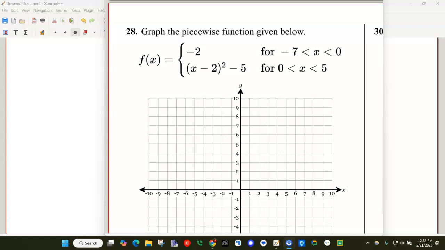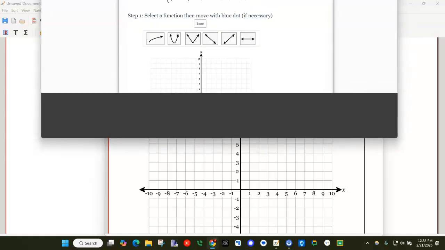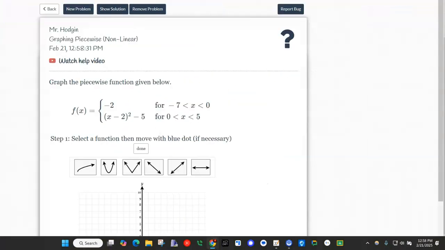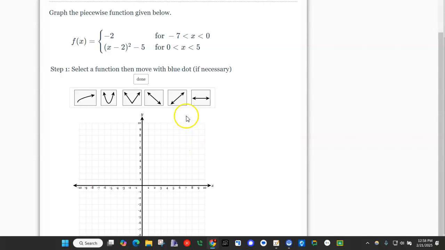The next part is when you have some nonlinear, right? So you have to do some graphing of parabolas and things like that. So let me pull it up over here, nonlinear. The nice thing here is that it actually gives you the different graphs. So we'll have a straight line for, let's say, -2. So I hit straight line, and then I drag it down to -2.